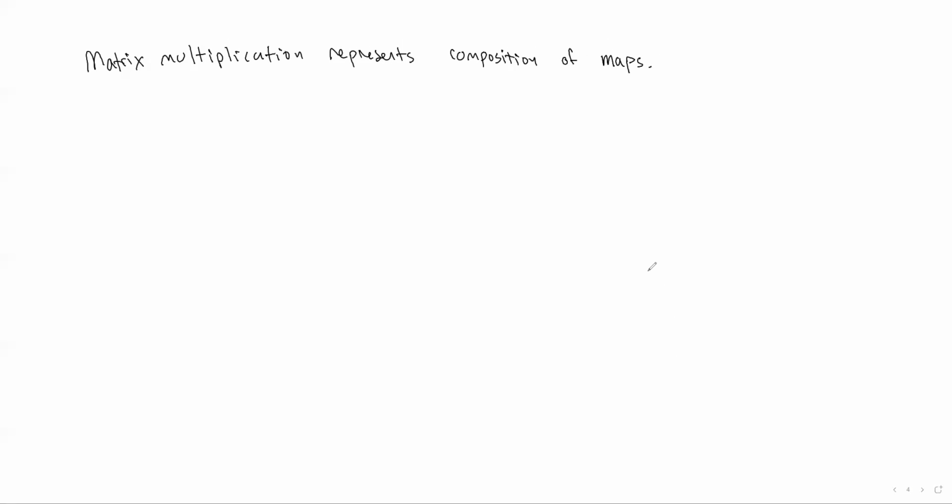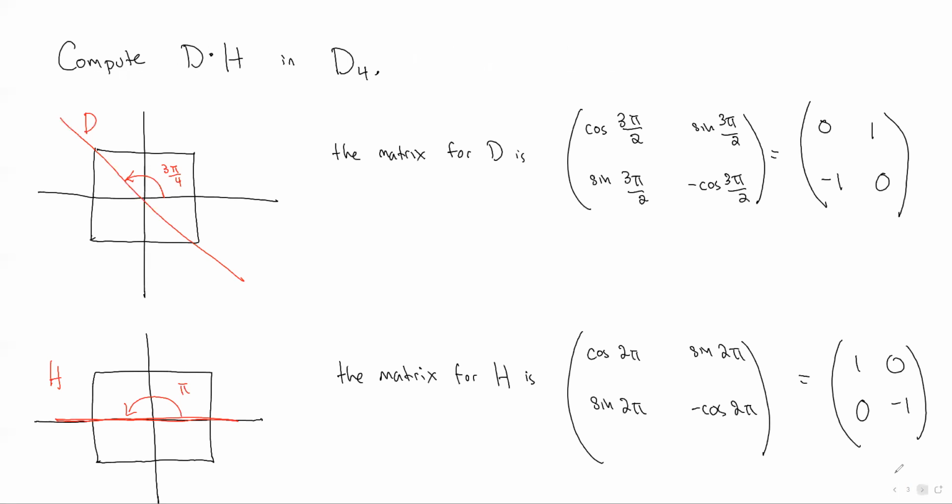Like just reflecting is a map, rotating is a map. But if you have a bunch of functions or maps and you want to compose them, well, to get the matrix for that, you just multiply the matrices of the maps. That's the whole point of matrix multiplication.